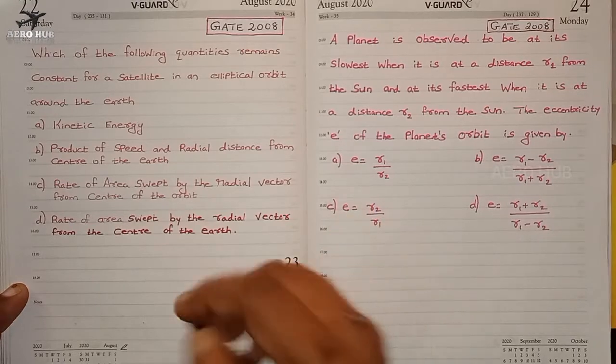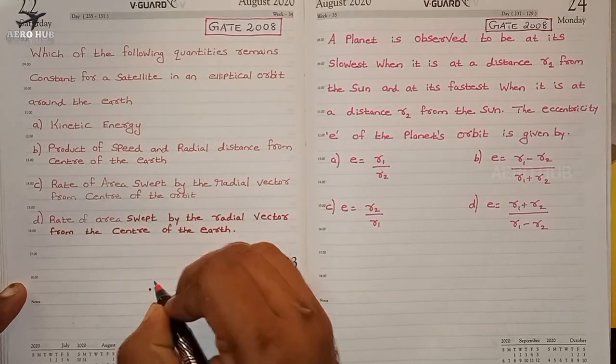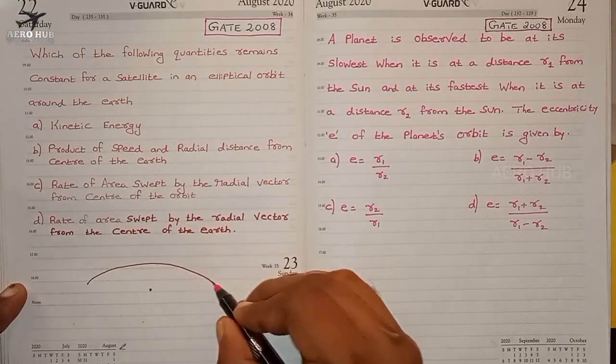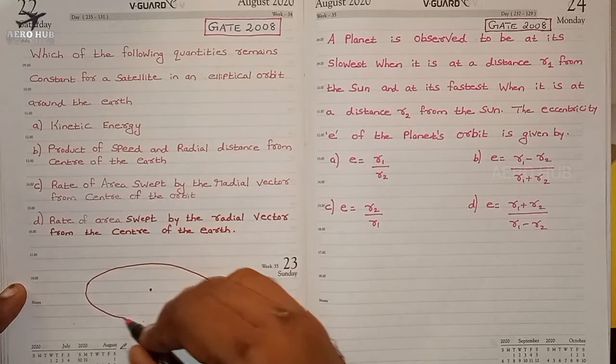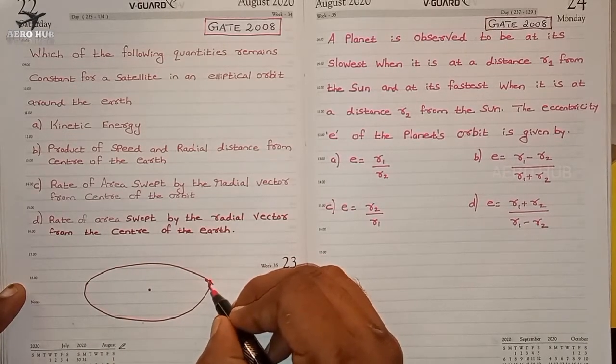I will draw one diagram. This is the planet, and here is the orbit. This is the elliptical orbit.